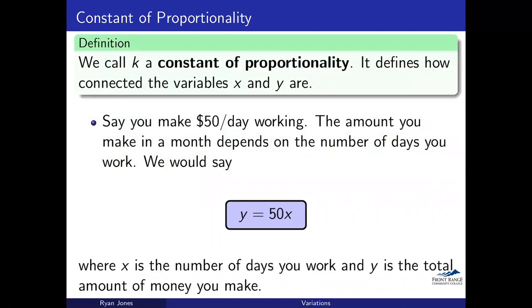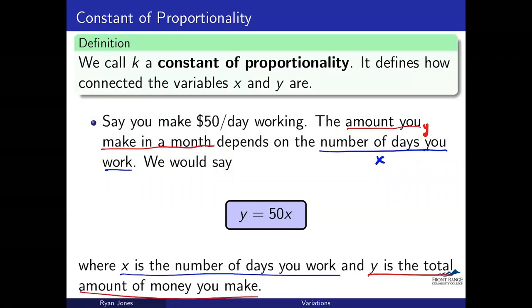So I can give these variables names. I'm going to call x, which I've underlined in blue, the number of days that I work. I'm going to call y the amount that I make in a month. Y is the total amount of money that I make in a month.